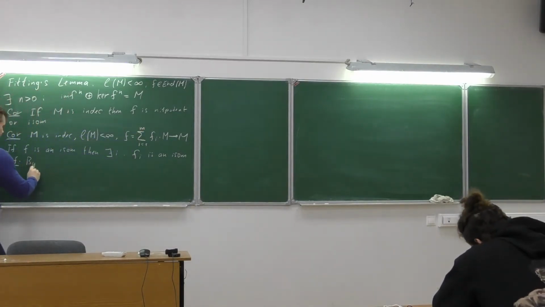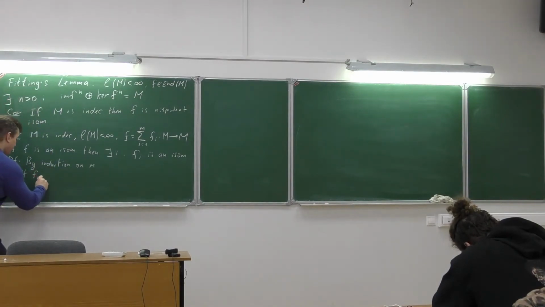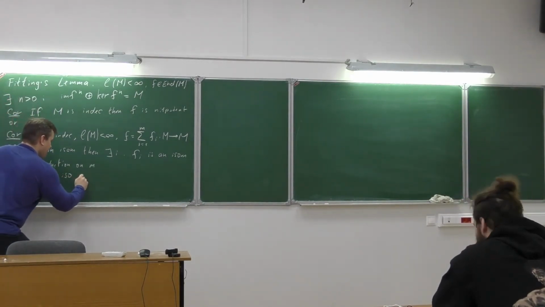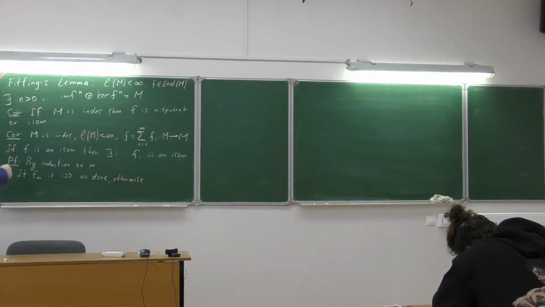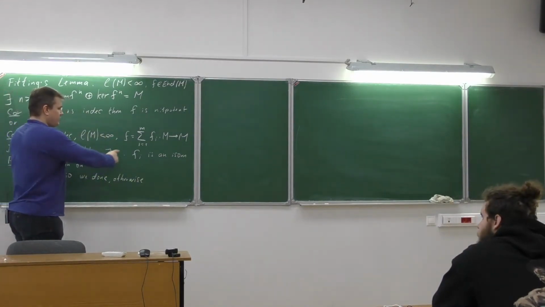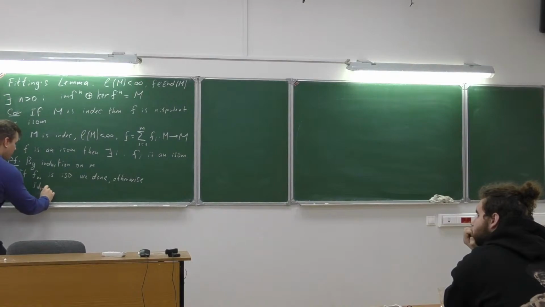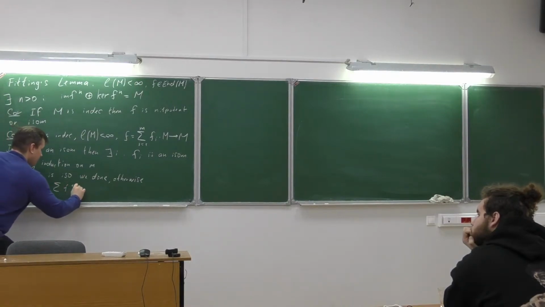If f is an isomorphism, then there is an index i such that f_i is an isomorphism. Essentially we can prove this by induction on this number m. For m equal to 1, everything is clear. Now let's do the following. Consider the case where f_m is an isomorphism; then we're done. Otherwise, without loss of generality, we can assume that f is equal to 1, because we can consider the identity of the module M as the sum of f inverse composed with f_i.